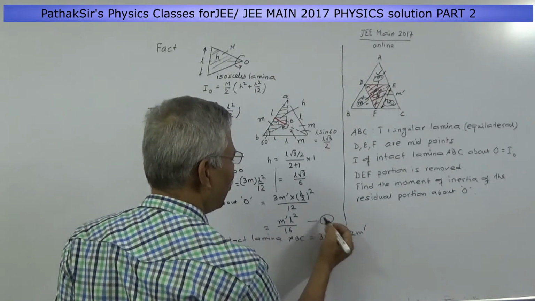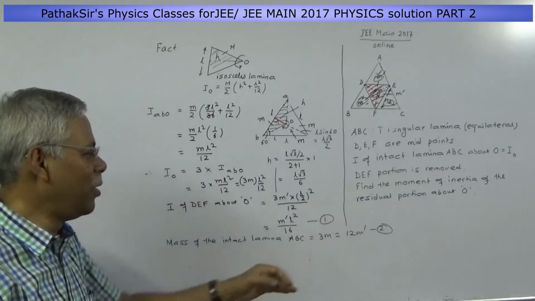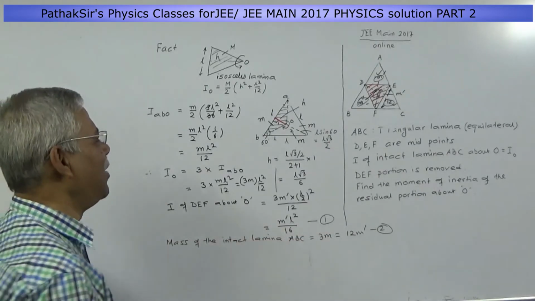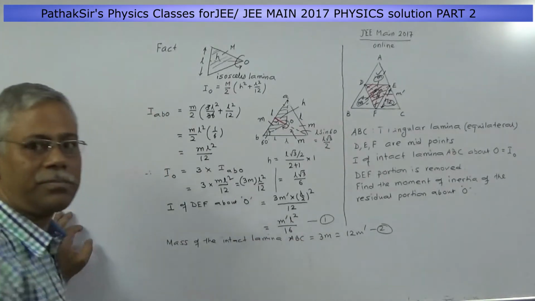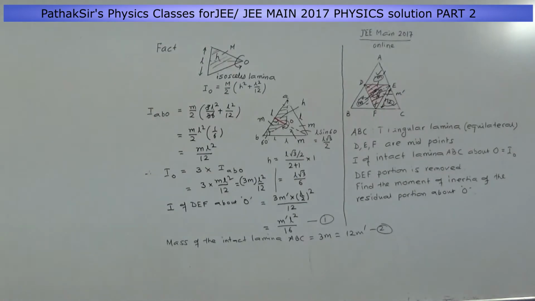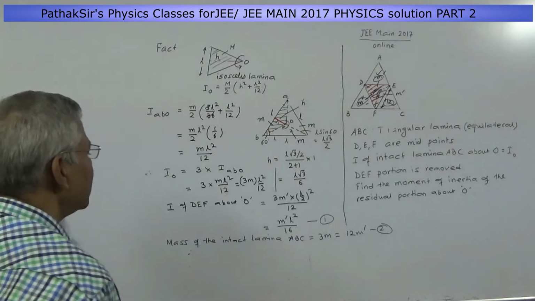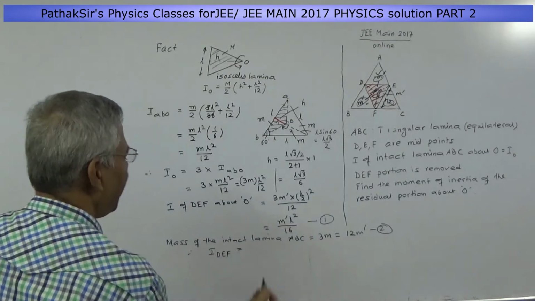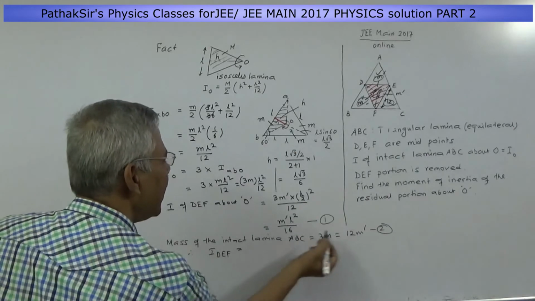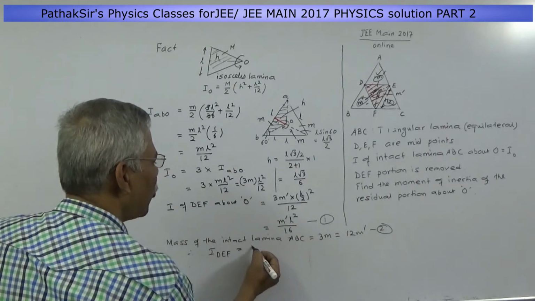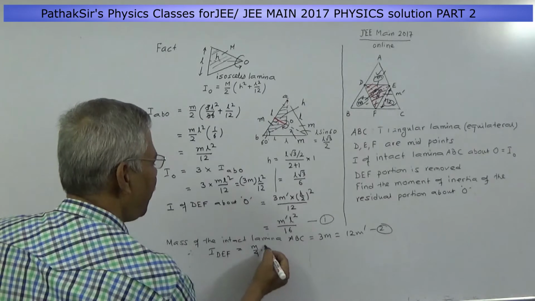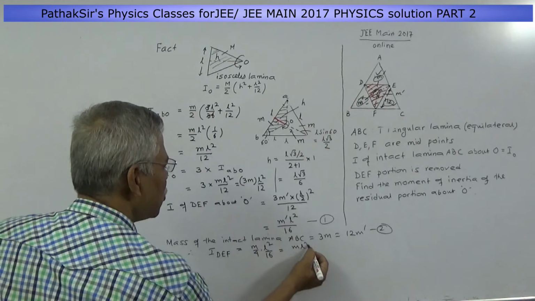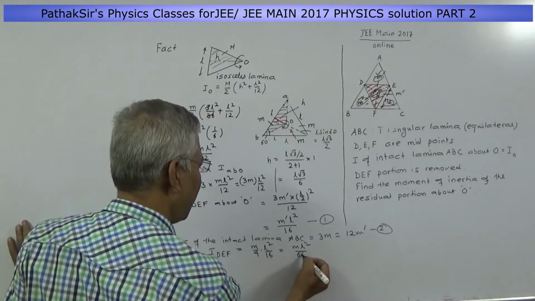Okay, so number 1, number 2, now we'll put m dash equal to m by 4 and you will get the answer. Hence I_DEF equal to m dash, equal to m by 4 into L square by 16, equal to ml square by 64.